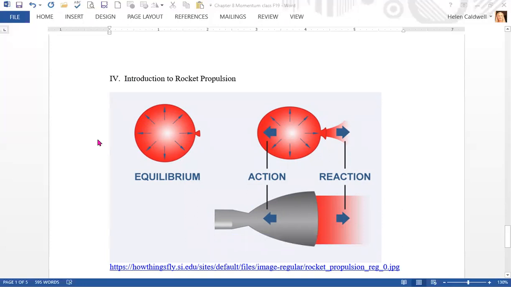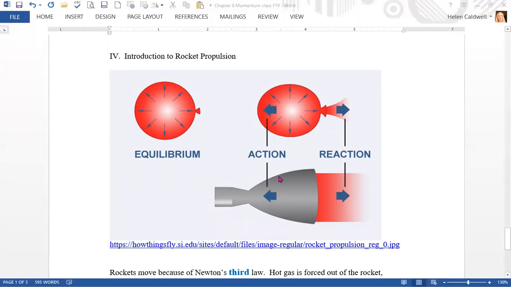I just wanted you to remember that it is an action-reaction. So think of it like if you filled up a balloon and then you let it go, you didn't tie it off, but you let it go, the air gushes out the end. And so as the air forces out, the balloon goes the other way.